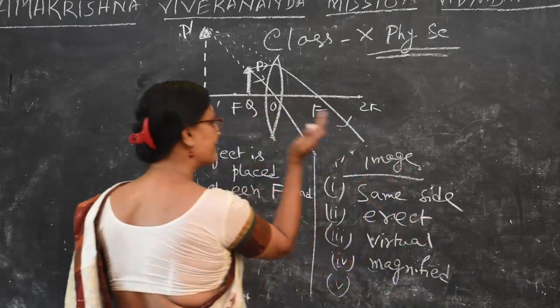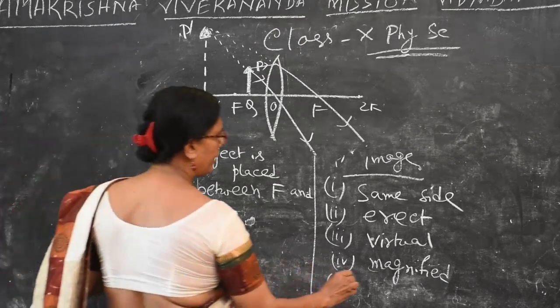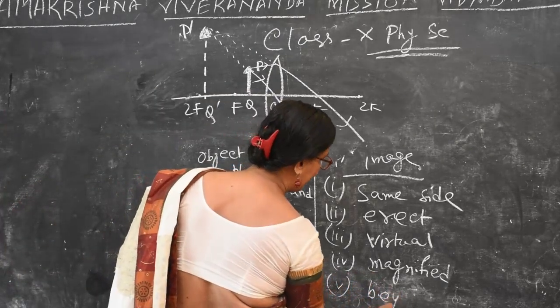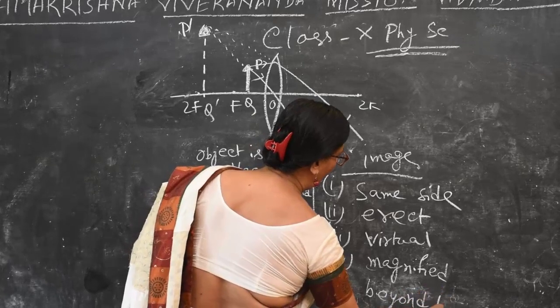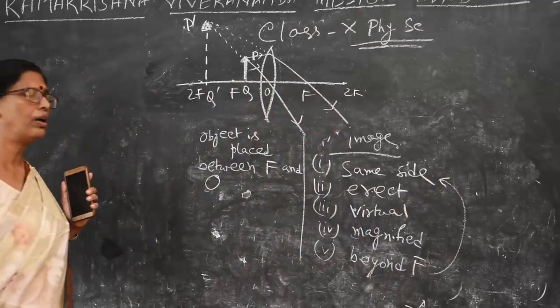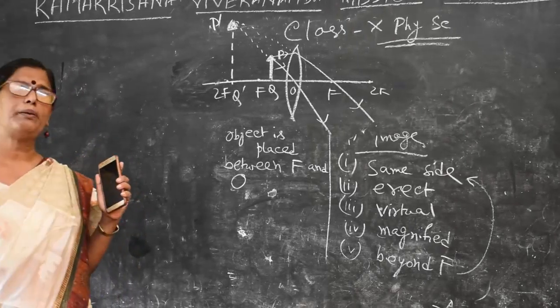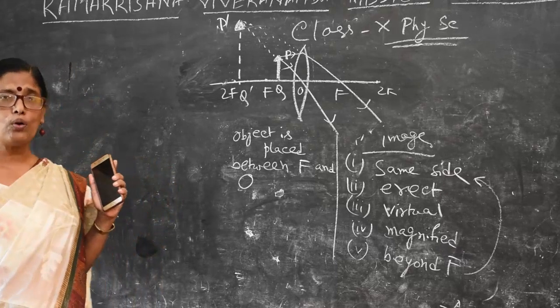So it is same side, erect, virtual, magnified, beyond F. Obviously beyond F on the same side. Beyond F, you can mark it by this point also. So if one and five points are marked, then you can put the four points.